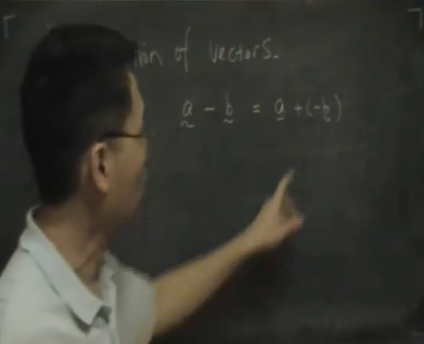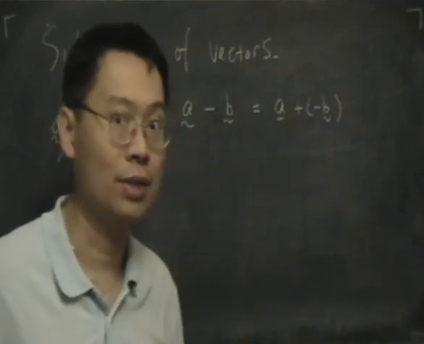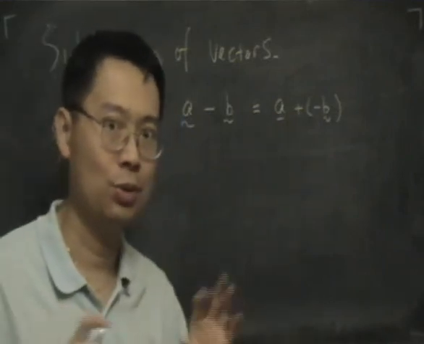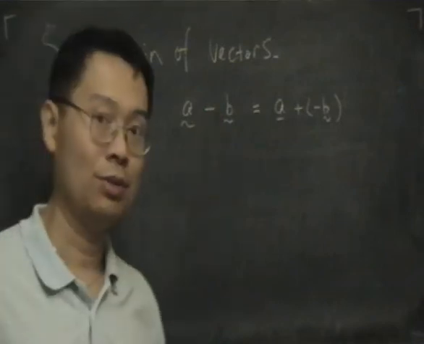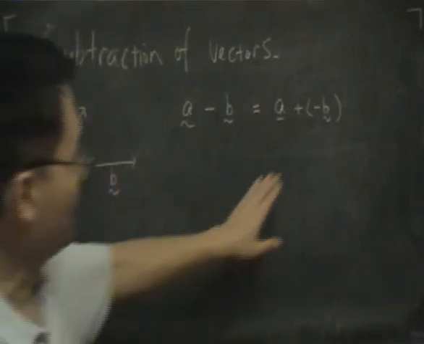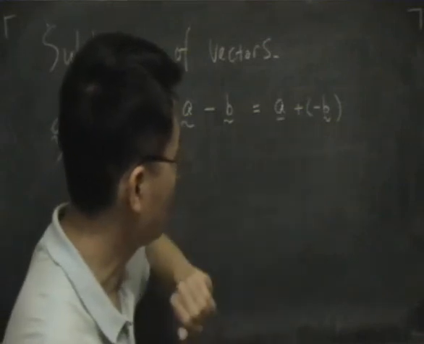We have also learned how to add two vectors. So it's time to put the two together to find out how to subtract two vectors. Let's see what we can do with it.